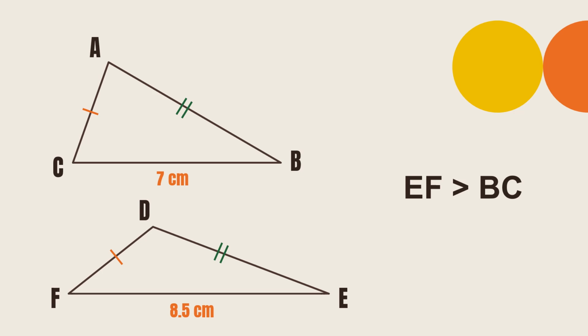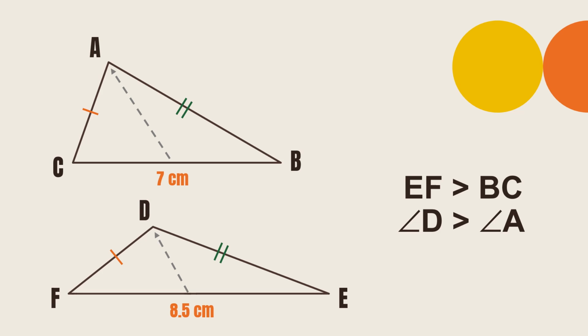So, this time around, dahil ang given is yung length ng third side, let's take a look at yung opposite angle niya. So, ang opposite angle ng line segment EF is angle D, at ang opposite angle ng line segment BC is angle A. So, using the same relationship, we have angle D is greater than angle A. Na-mention na rin before na pwede itong baliktad, no?